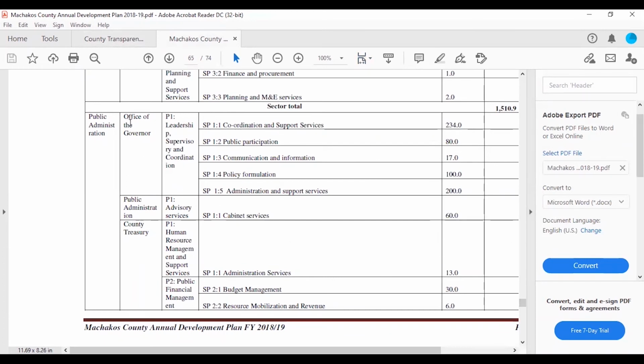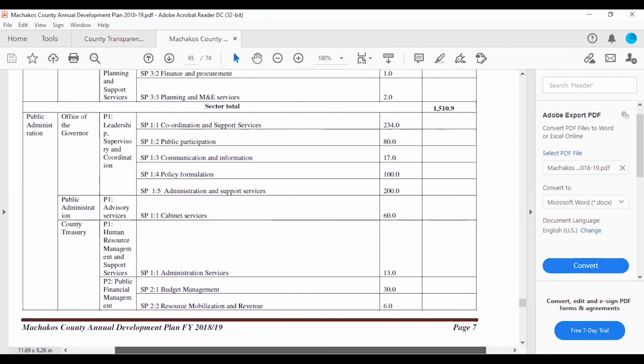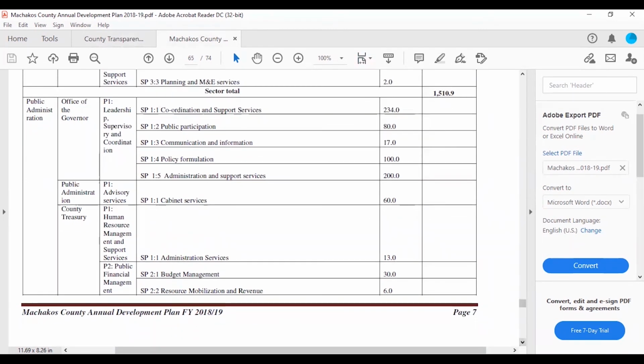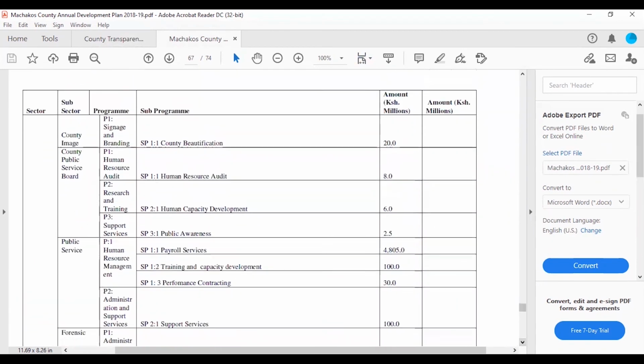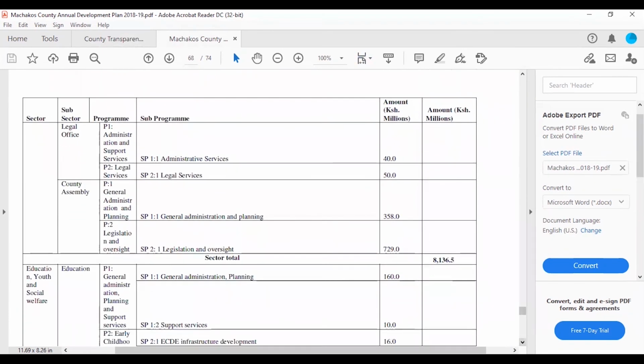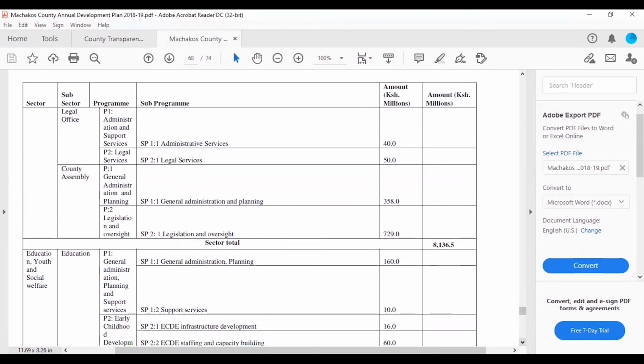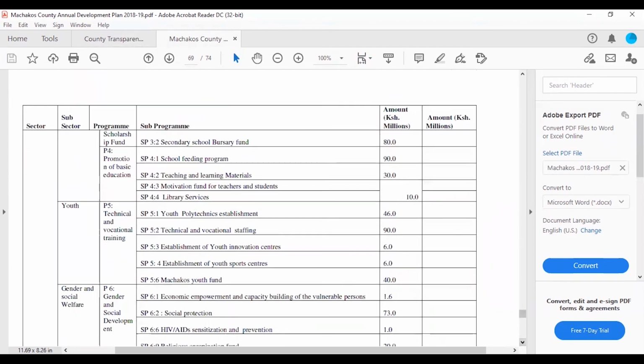And they said the office is the office of the governor. Program 1, they said leadership and coordination. And they have stated the amount of money that they have allocated for each. So for that sector total, for public administration, you can see that they have allocated 8 million for that. With regards to education, youth, and social welfare, you can see they have been allocated.